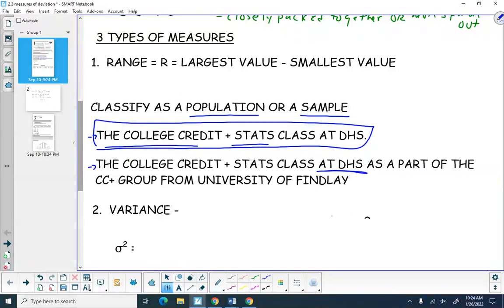One of those you're a sample, one of those you're a population. Which one of these are you a sample, and which one are you a population? Would you be a population on the first one or second one? First one, you'd be a population.